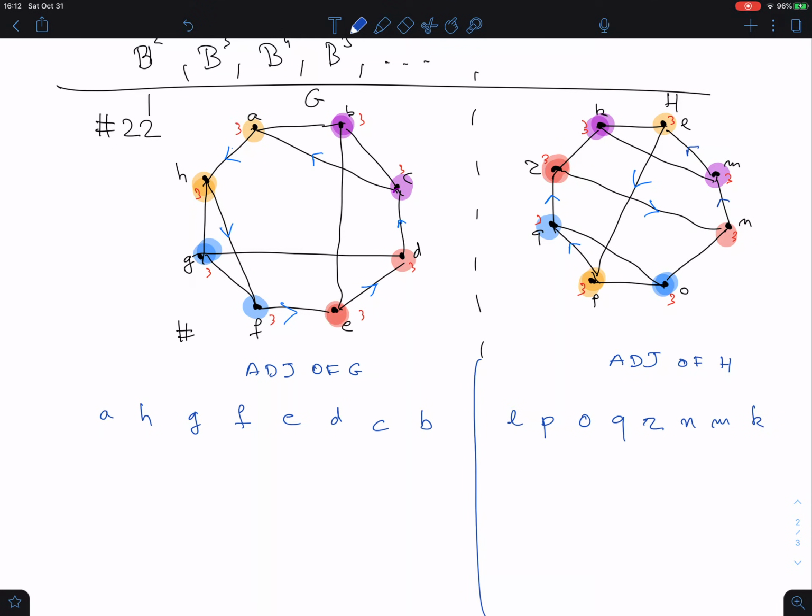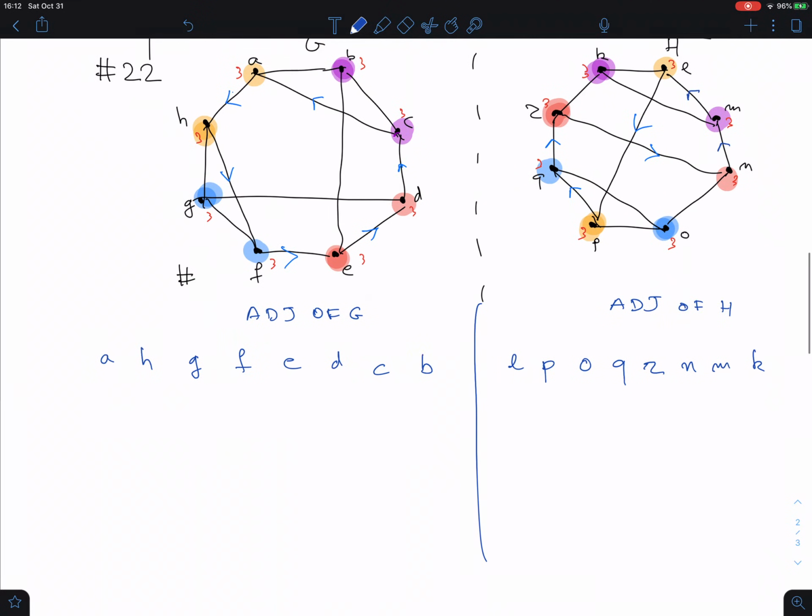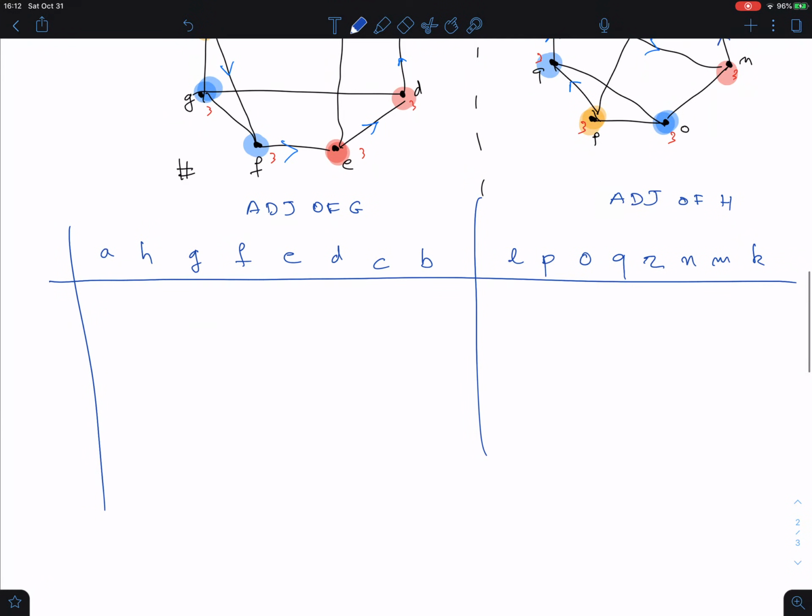This is the isomorphism that I had set up, and I erased it, but the colors tell me exactly what goes to what. Okay. All right, and so now we have to list the vertices in the same order as we make our table, and we have to do the same here.